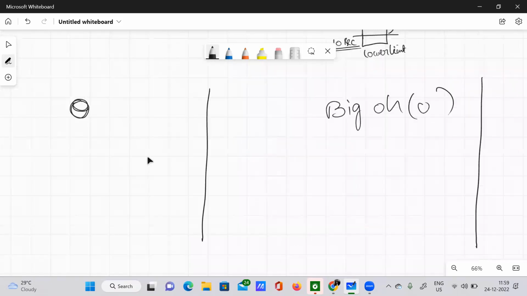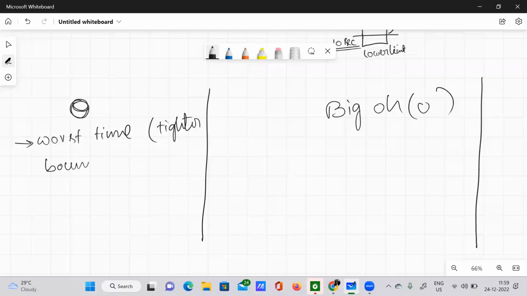So first of all, what do you mean by theta? Theta means it is the worst case running time complexity with a tighter bound. You need to understand this tighter bound. Tighter bound in the sense, if this is my running time complexity, I have the same upper bound and lower bound.